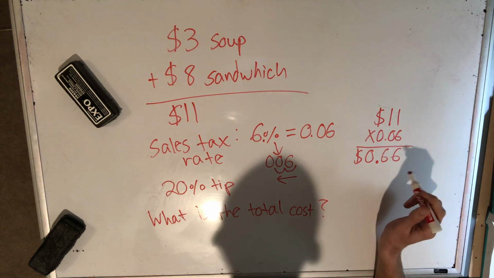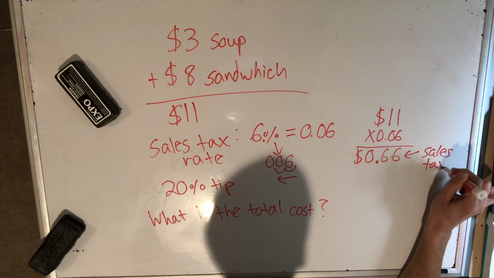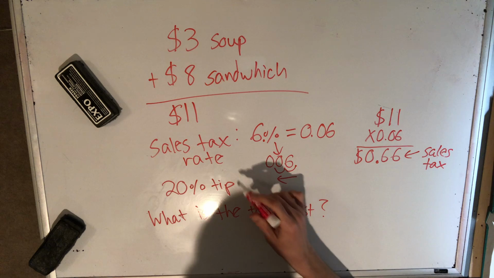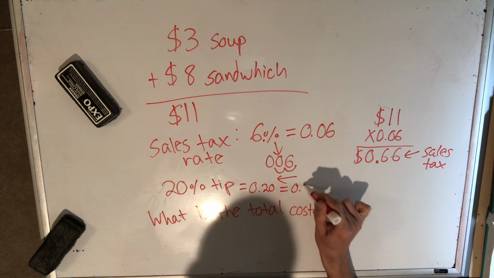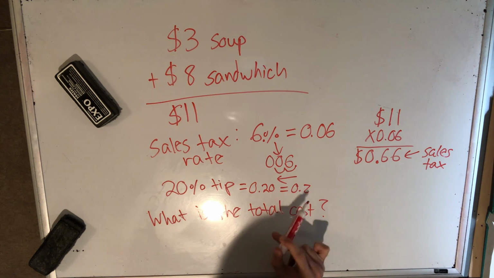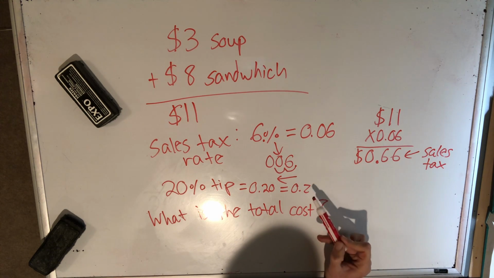And then 20% tip. Well, 20% is equal to 0.20, which is equal to 0.2, since zeros at the end of decimal numbers do not affect the value, and 20 hundredths simplifies to 2/10, and the first decimal place is the tenths place.